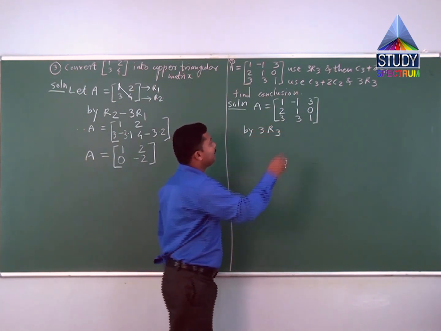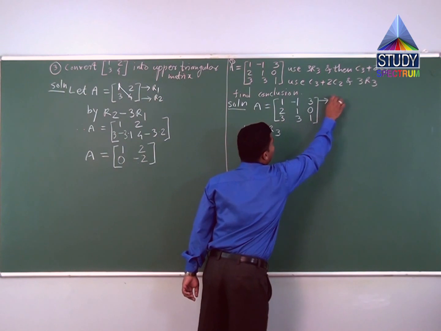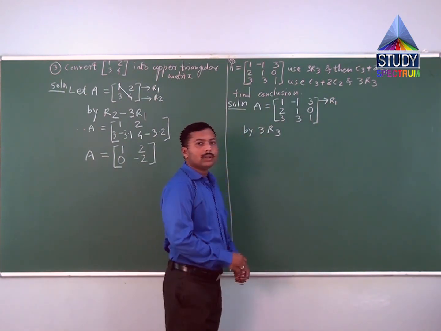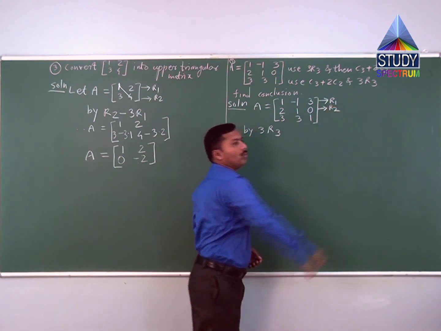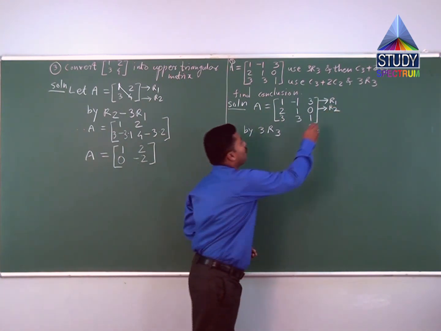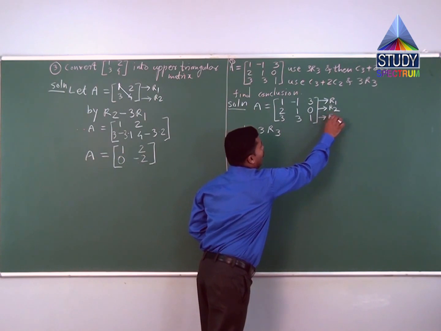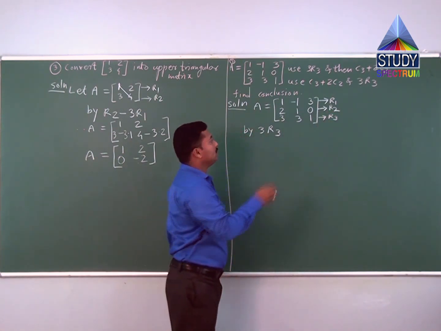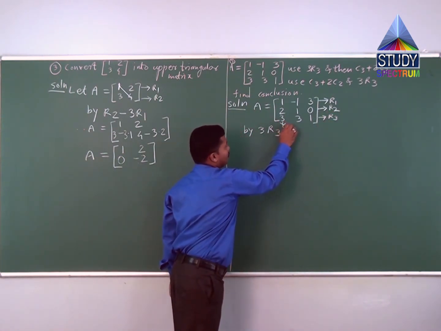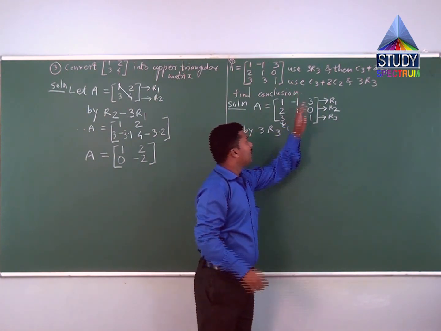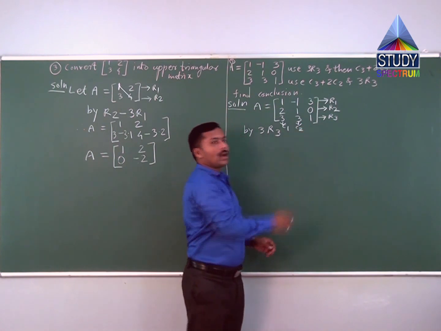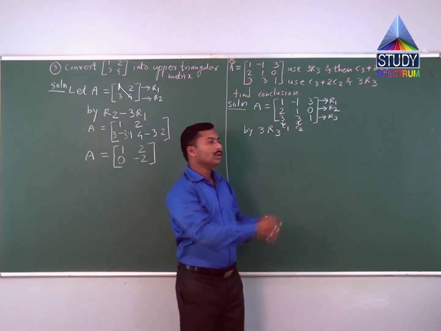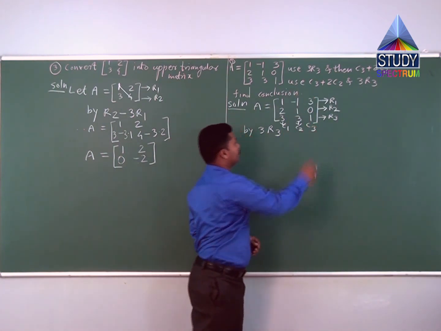This is the first row R1. This is the second row R2. This is the third row R3. This is the first column C1, second column C2 and third column C3.